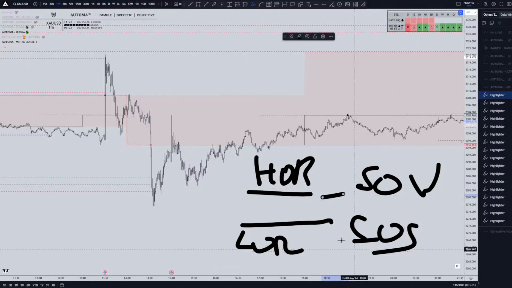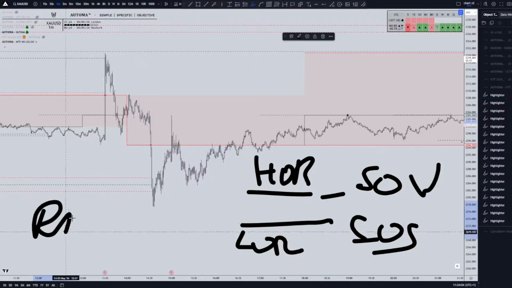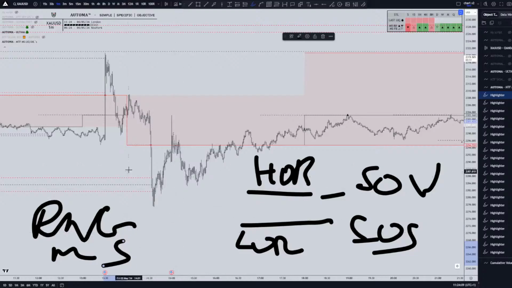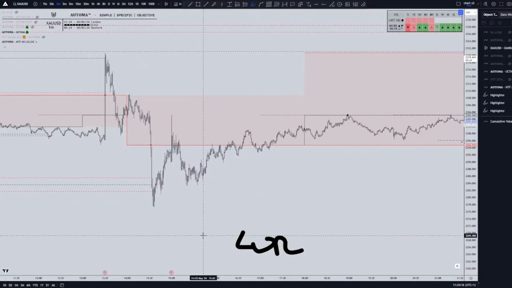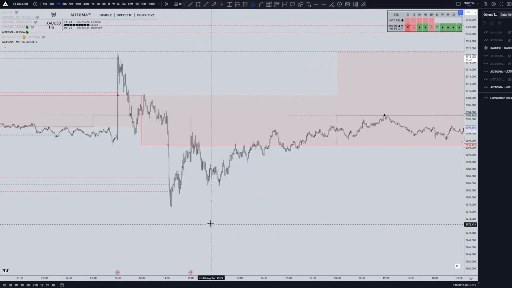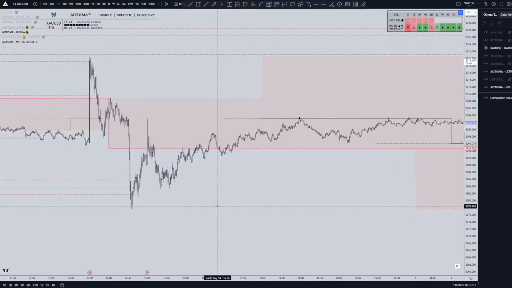You can utilize it using just the range, or you can utilize it using market structure. So over here we're applying all this concept on the market structure. Why market structure? Because it's liquidity. You apply that for liquidity, and this would be a perfect example.